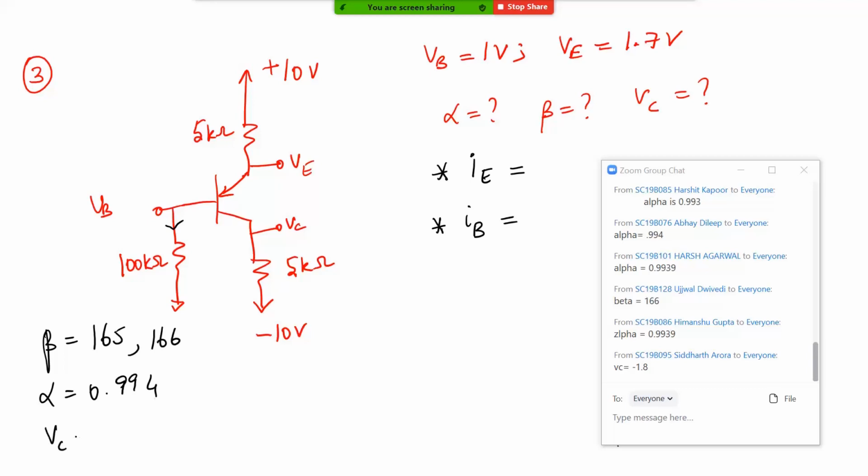VC, can you add one more significant digit?